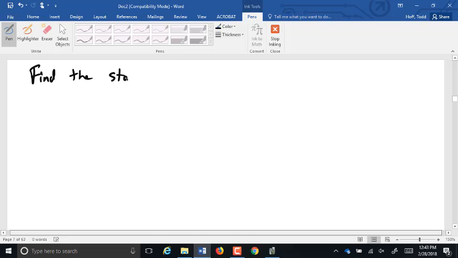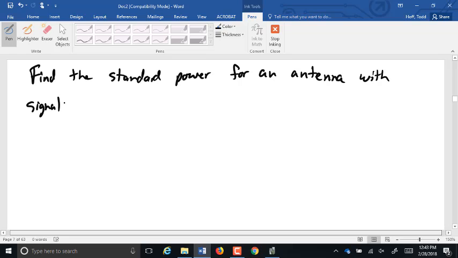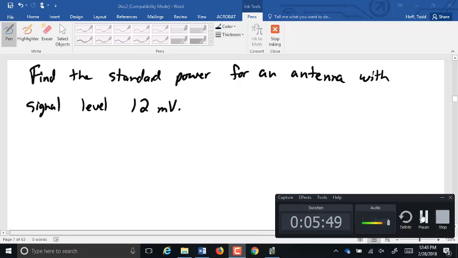Find the standard power for an antenna with signal level of 12 millivolts. So I'm going to give you guys a minute to figure that out.